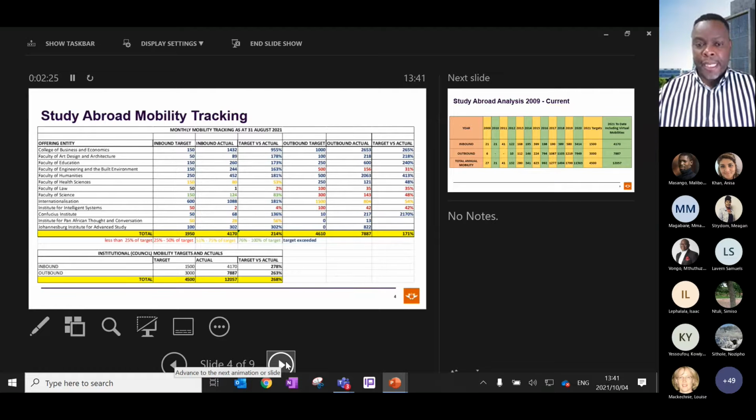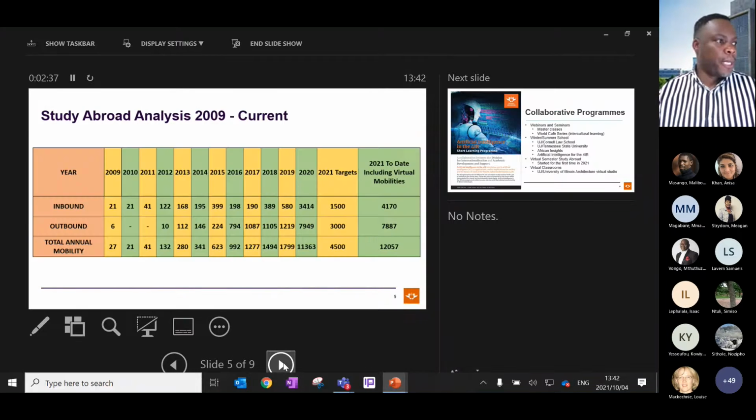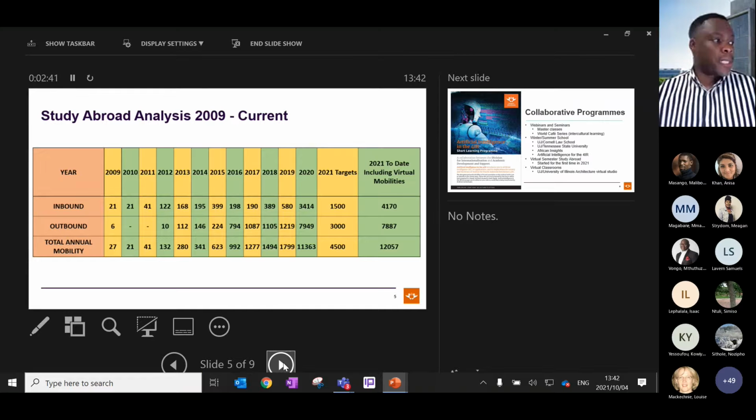We will update this report this week to include all mobilities to the end of September. And the numbers this year include our virtual mobilities. Just to give you a sense, from when we started this program in 2009, what the trajectory of our mobilities were.